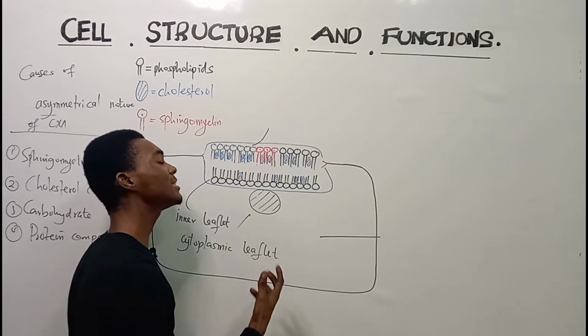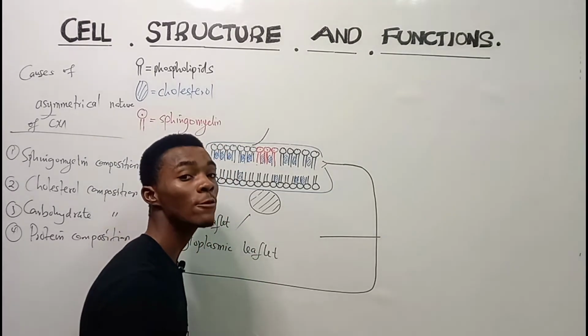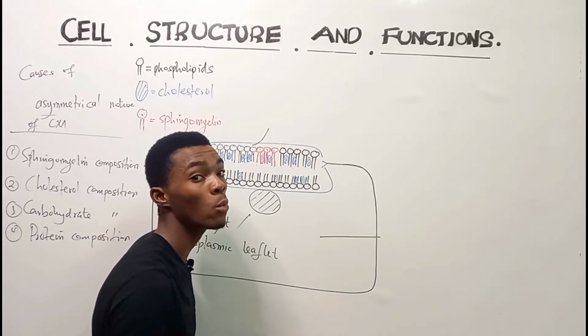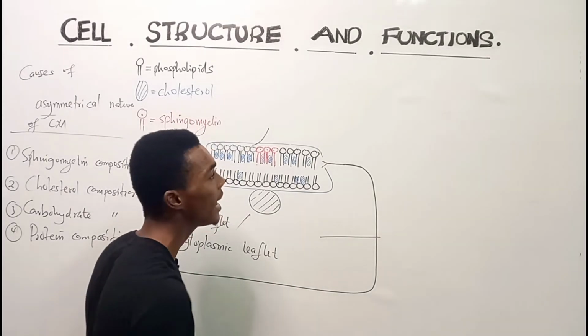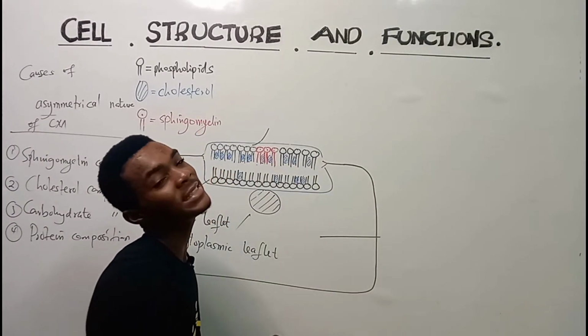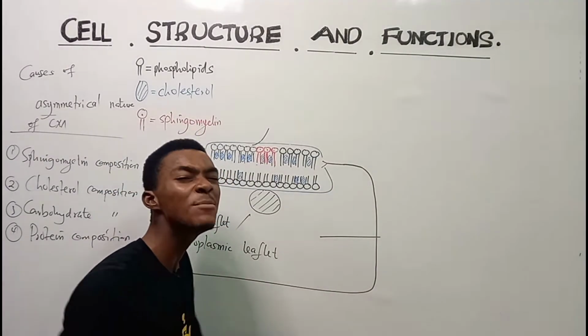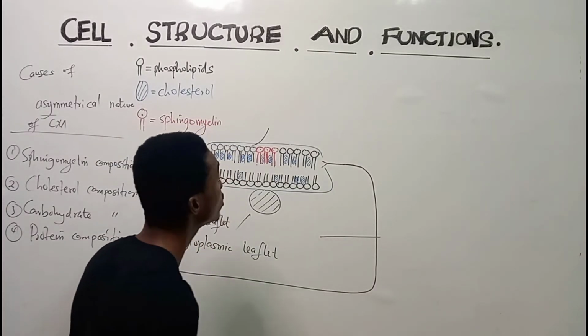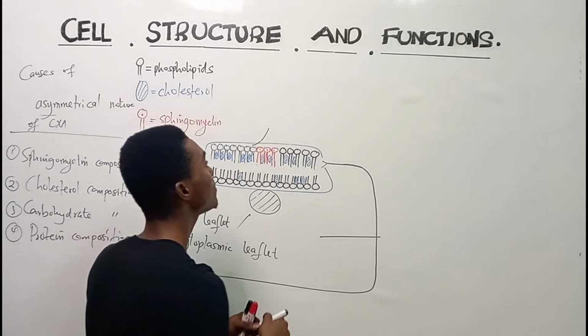Okay guys, so to understand the different types of phospholipids that we have, you've got to visit back to the typical nature of a phospholipid, what we've dealt with in the previous lecture, so that we can get a clear understanding of the different types of phospholipids and what is really making the difference amongst them. So let's go back to our typical nature of phospholipid. Remember we said the phospholipid is made up of what?